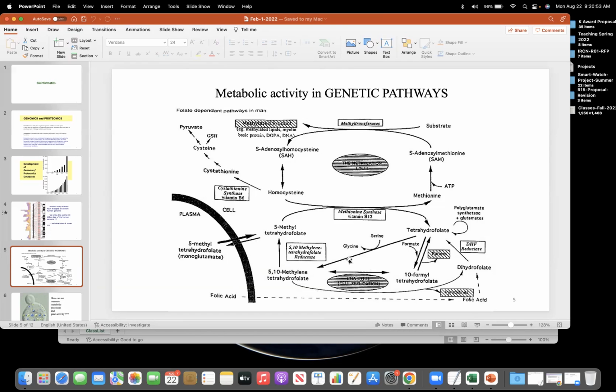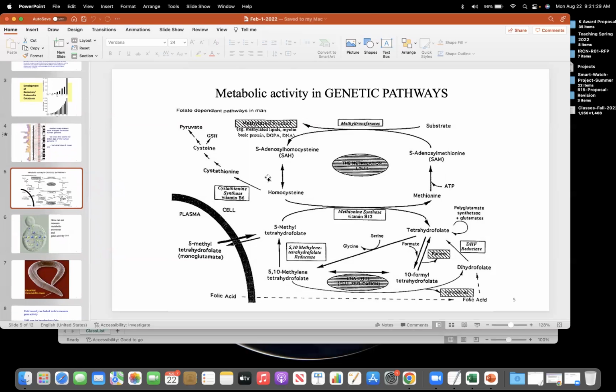So bioinformatics can be used to study the mechanism of these pathways, which genes cause which metabolites to say up-regulated or say down-regulated, and then what would be the downstream effect of these metabolites. So bioinformatics obviously helps to understand genes. It helps to understand proteins, and it also helps to understand the metabolite or metabolic activity in these pathways.